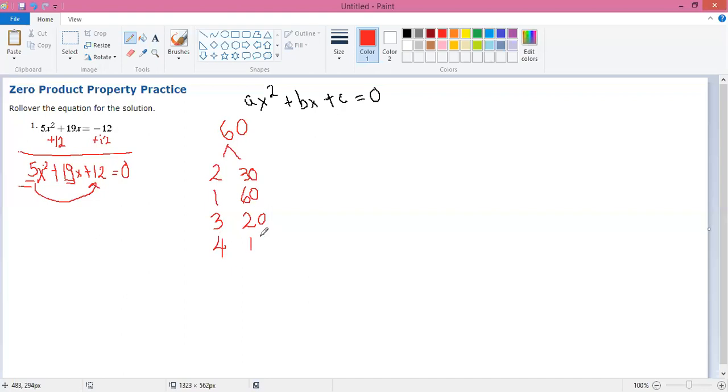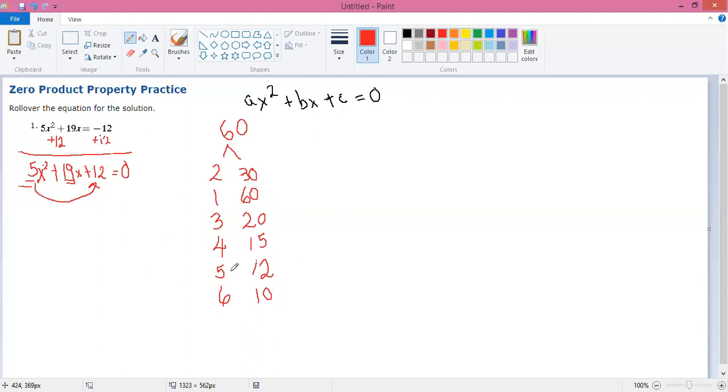Anything else? Does 5 go into 60? What about 6? What about 7? No. What about 8? Okay, what about 9? And then we get to 10 and we go back up the list. So we've got them all.